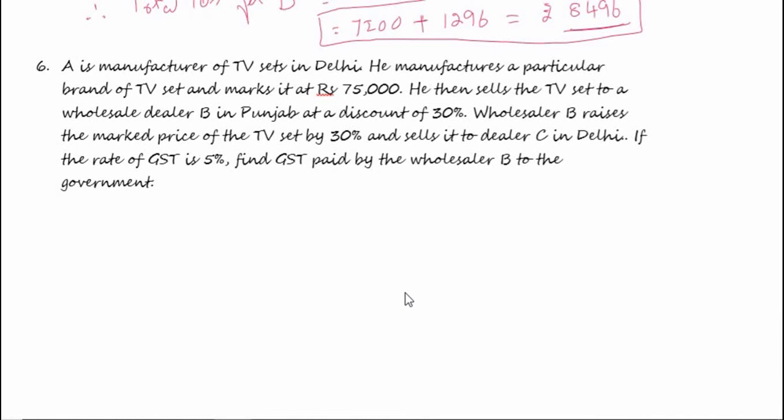So let us calculate. So the first thing what we have here is the mark price by A, that is rupees 75,000. He then sells the TV set to the wholesale dealer B in Punjab at a discount of 30%. So what is the selling price here?